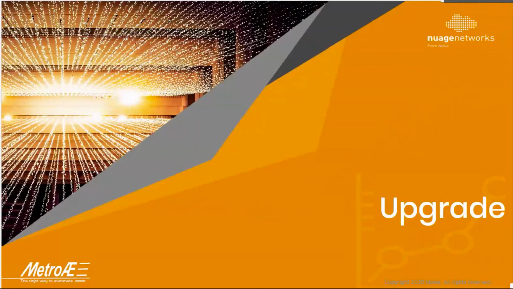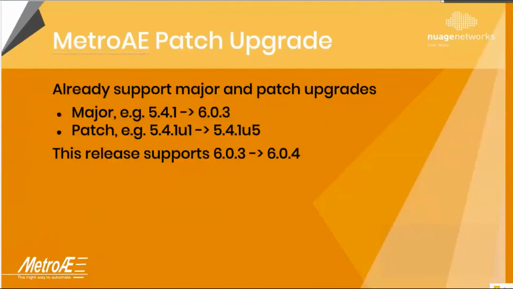In this release, version 3.4, we made one small enhancement to our upgrade process. We already supported major and patch release upgrades. For example, I call a major release going from like 5.4.1 to 6.0.3. We support that already. And we already support patch releases such as 5.4.1 U1 to 5.4.1 U5 or U7 or whatever that happens to be.